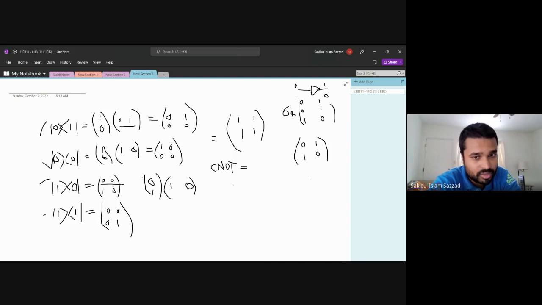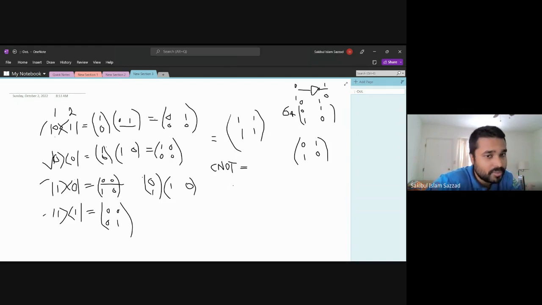What is controlled? This is for the first qubit. If I consider this one is first and this one is second, if the first qubit is 1, then I can apply the NOT gate to the second qubit.